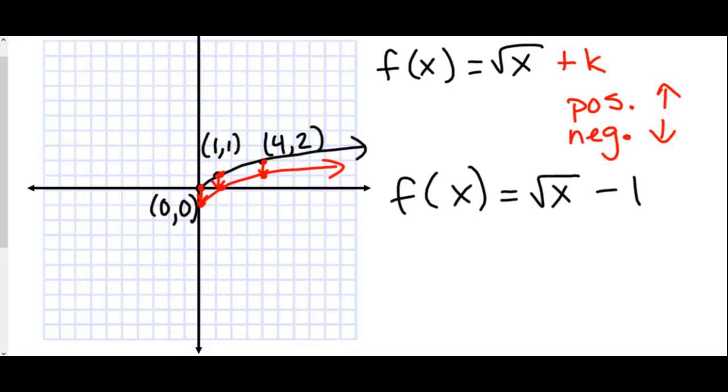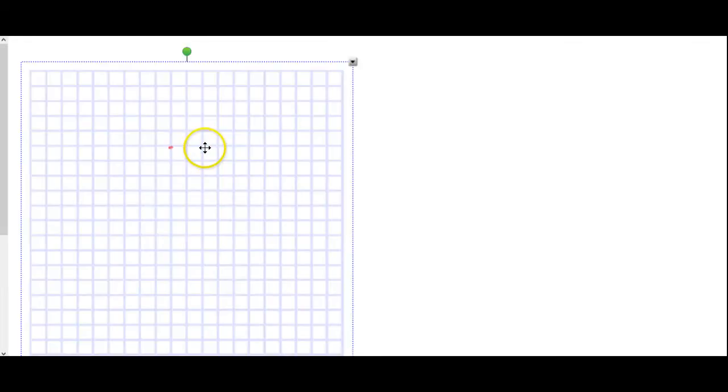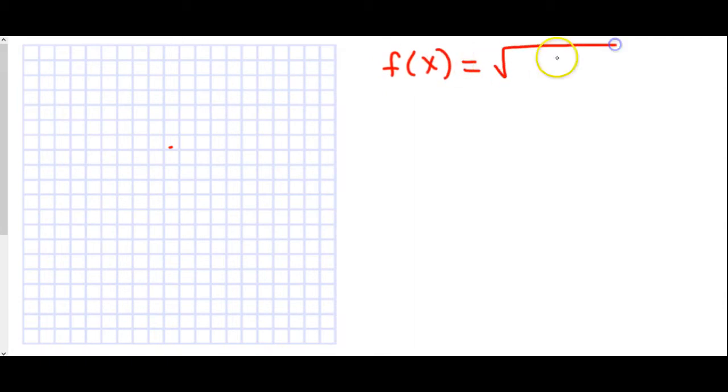So the next kind of movement that can happen with your graph is a horizontal shift. So a horizontal shift happens when you have a number inside your square root. And it's kind of opposite of what we expect to happen.